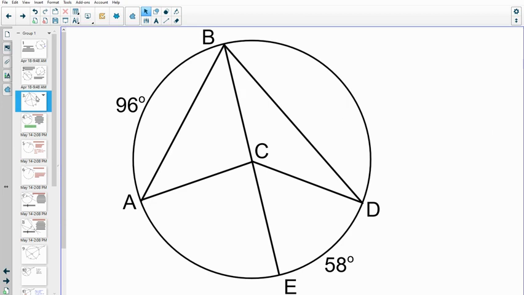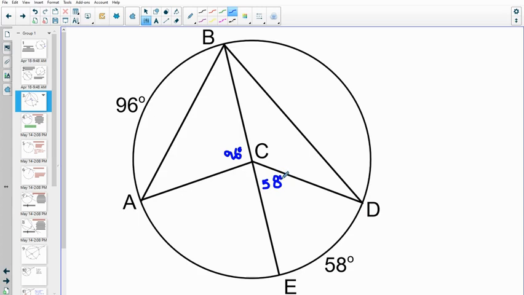So for a quick example of this, if I have a diagram that looks like this and I want you to find a whole bunch of different angles, let's see, I'll just draw these in here. If point C is the center of the circle, well then if arc AB is 96 degrees, then this angle must be 96 degrees also, angle BCA. And then the same thing down here, if this angle is 58 degrees, then this angle must be 58 degrees.